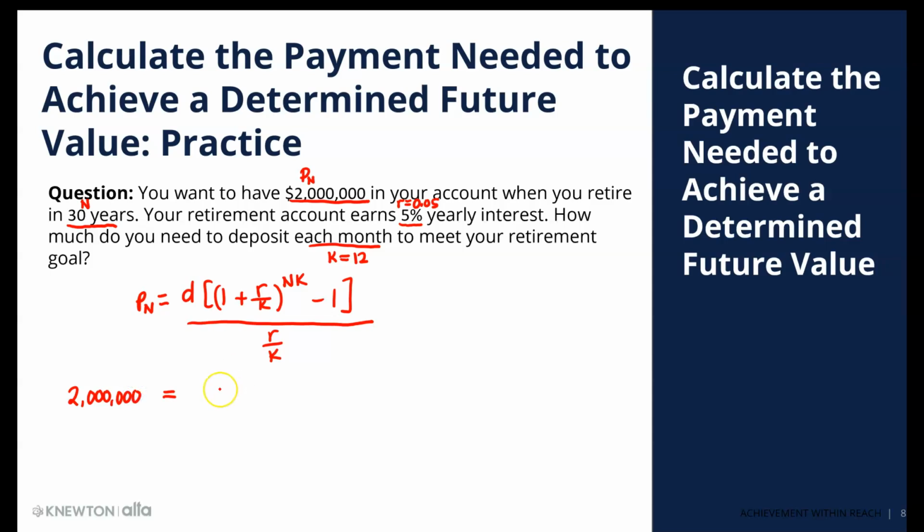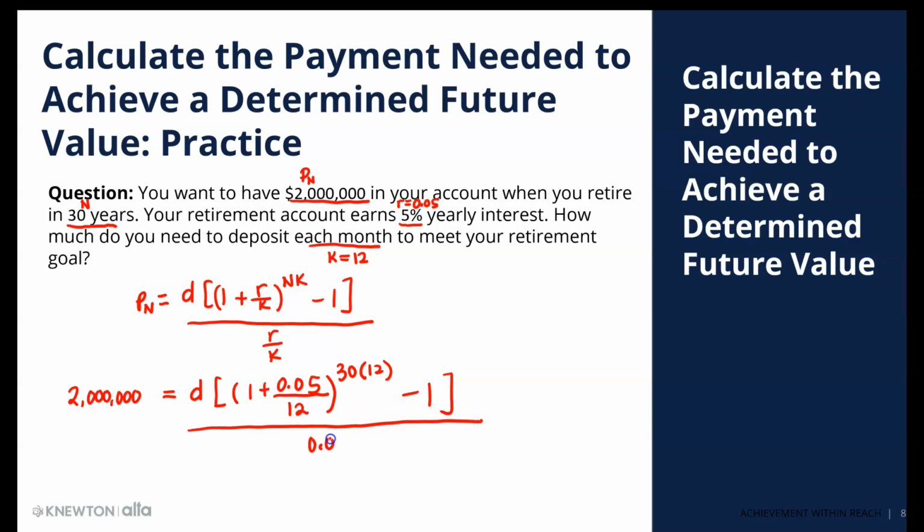And D is the monthly payment. So that's the unknown, times 1 plus 0.05, that's the rate, divided by 12, that's the number of compounding periods. N is 30, K is 12, minus 1, divided by 0.05 over 12.